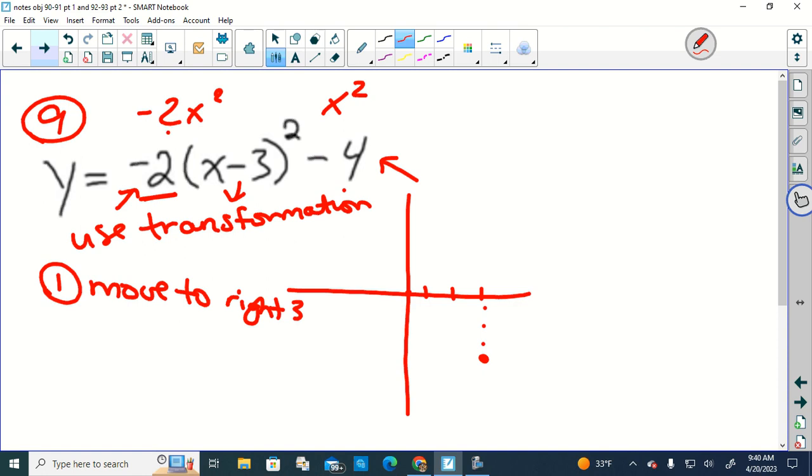With this one, we have it multiplied by 2, and we know it's going downward. We're going to go to the right, but instead of going up times 2, I'm going down times 2. So 1, 2, there's my second dot. I'm going over 1 but down 2 because I'm multiplying it by 2.